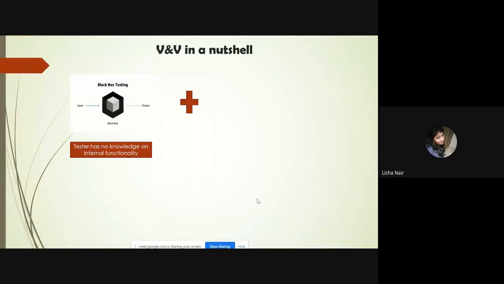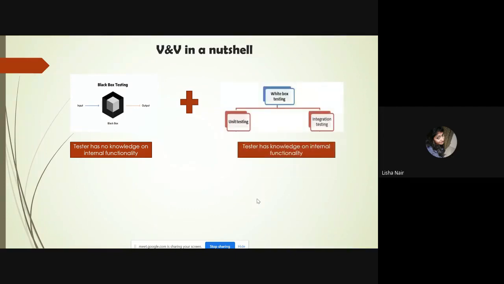Like I told you, it's very essential for us in safety critical systems to do black box and white box testing. White box is where the tester has to have knowledge of the internal functionality. When the implementation is done, he does unit testing, and after unit testing, when it's integrated with the hardware and everything, he does integration testing.